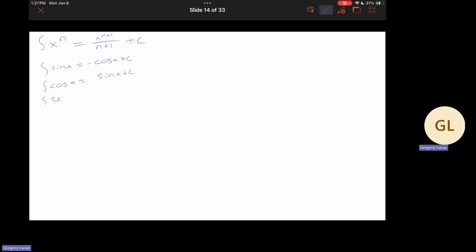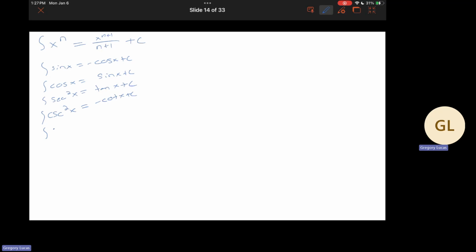Secant squared. We can only do secant squared because we know the derivative of tangent is secant squared. The integral of secant is actually a much harder problem. That's more for Calc 2. Cosecant squared x would be minus cotangent x plus c.